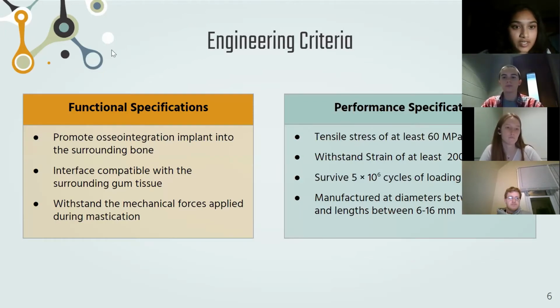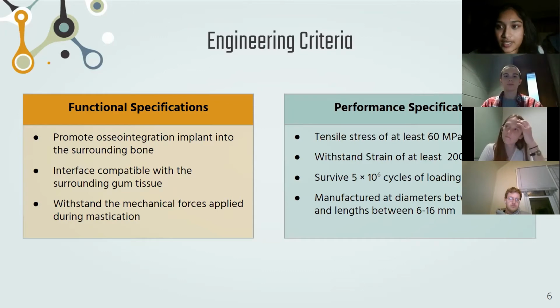So to summarize, the key functional specifications of our design are that it should promote osseointegration into the surrounding bone tissue, as well as interface comfortably with the gum and not cause any slipping or irritation. And it should also be able to withstand the natural mechanical forces applied to teeth during mastication without cracking, slipping, or loosening.